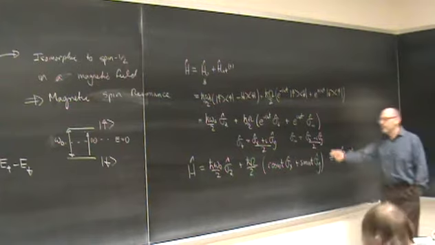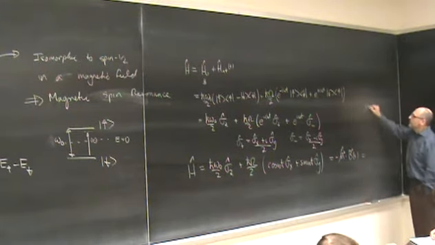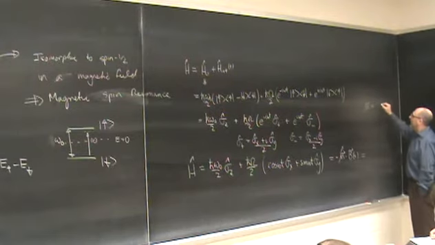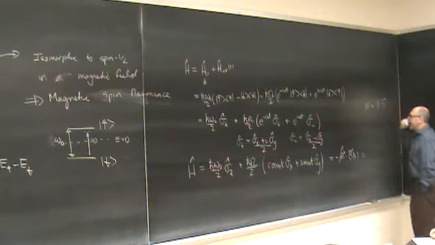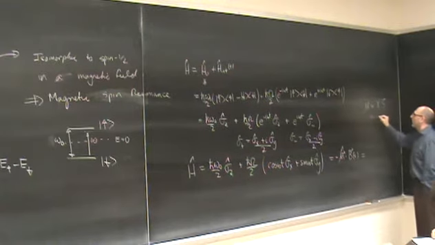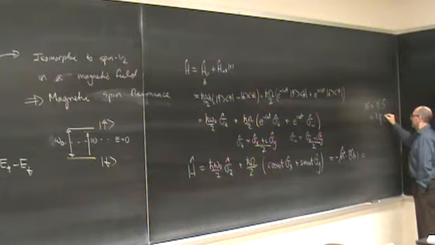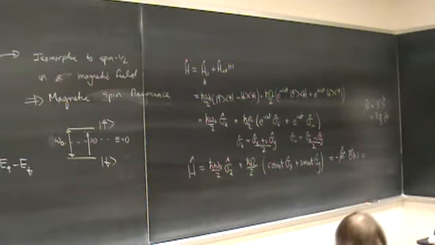So if I write mu as gamma, the gyromagnetic ratio, times the spin, or gamma h bar over 2 times sigma, where gamma is the gyromagnetic ratio.